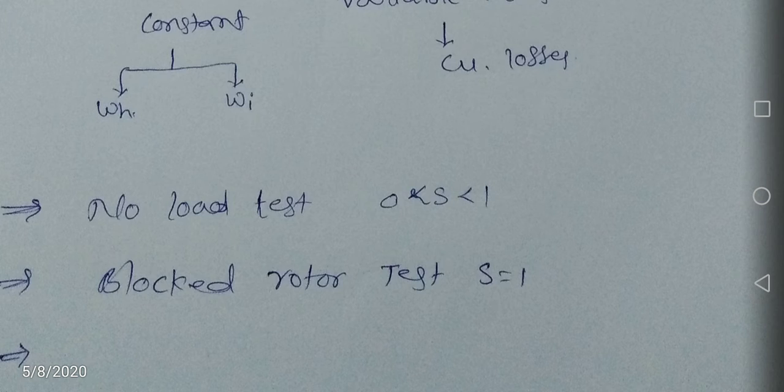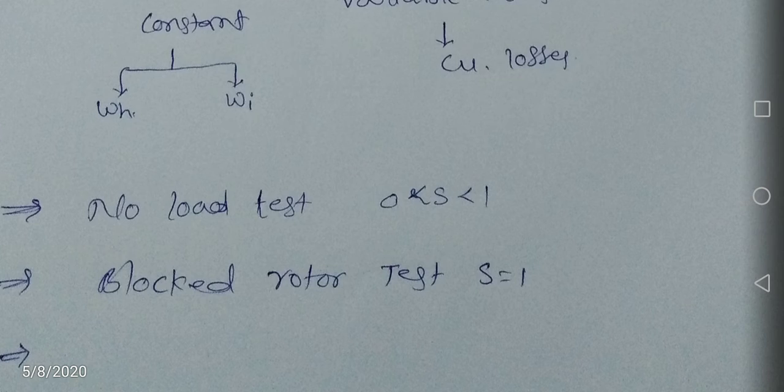When slip is equal to 1, it means the rotor speed is 0. Slip between 0 and 1 means the rotor is freely moving. By the no load test we can find R0 and X0, that is the shunt branch parameters.